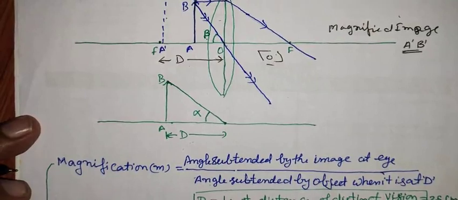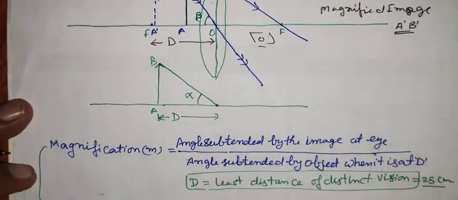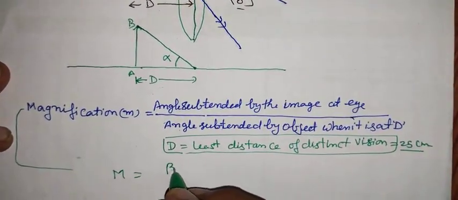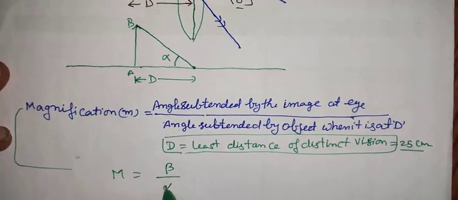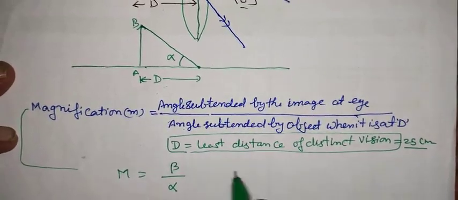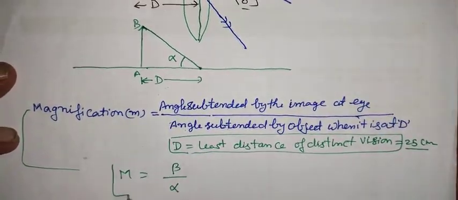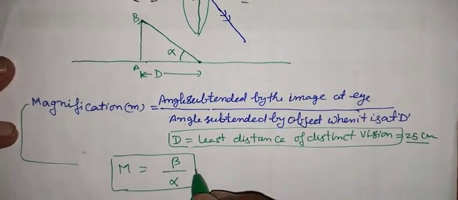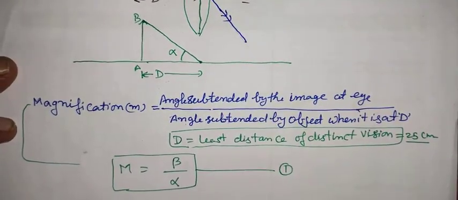So the magnification M can be written as beta by alpha. Let us represent it as equation number 1.